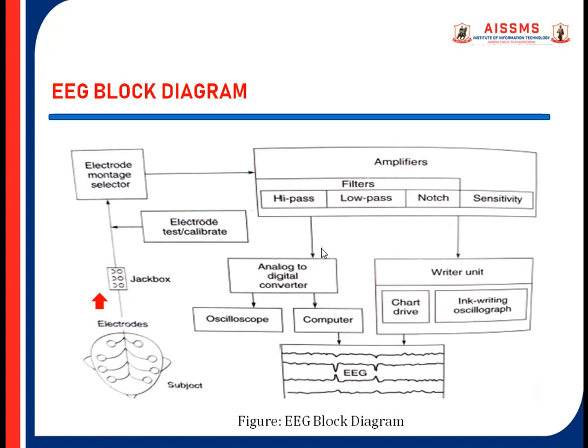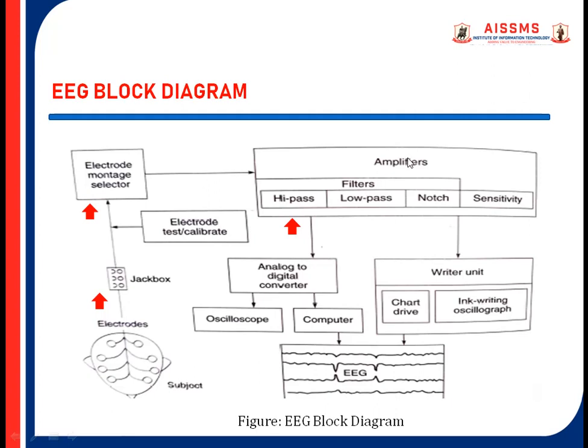The reference electrode is placed near the earlobe. The electrode montage selector's function is that each electrode pair will have signals subtracted from each other to create an array of channels of output called a montage. Each channel is created from the input of one electrode minus the input from a second electrode.